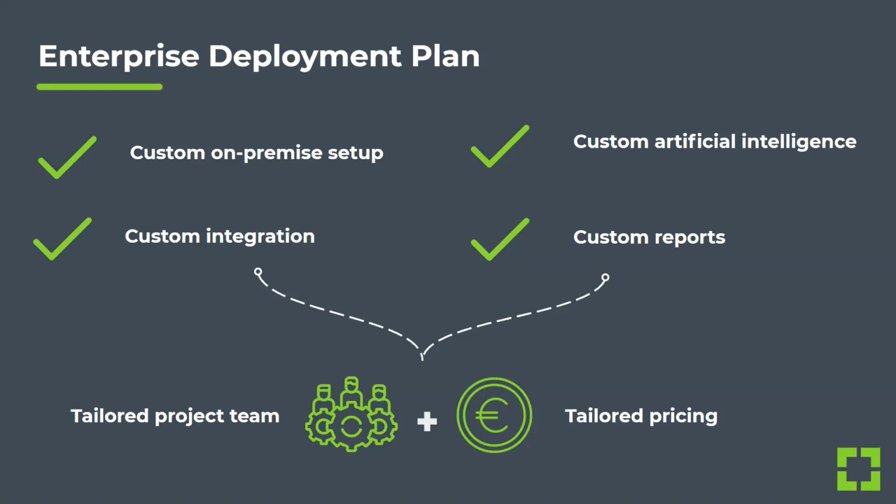It also can include custom artificial intelligence training, which can mean, for example, training of our system to be able to recognize specific vehicle classes or specific object classes which are needed for your assignment. It can also include custom reports.